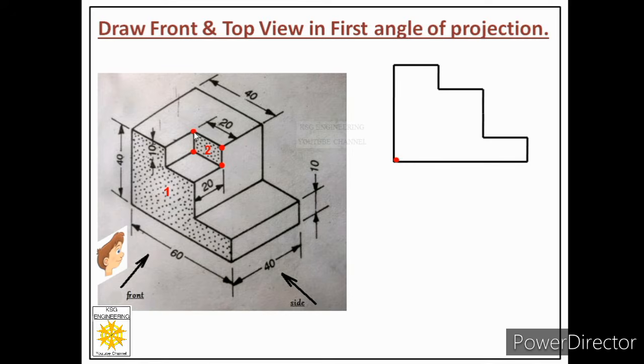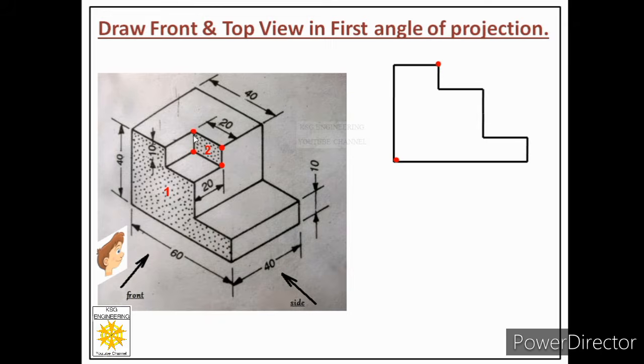So you can see this point of phase 2 is exactly behind this point. And this point belongs to phase 1. And this point in the front view is over here. It means from this point I can start phase number 2. So we have located phase number 2 with respect to phase 1.